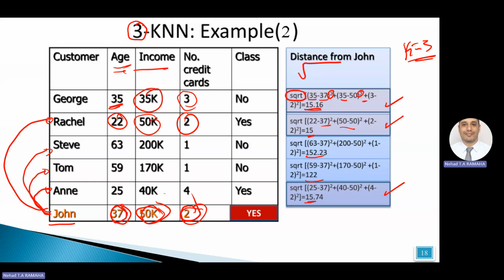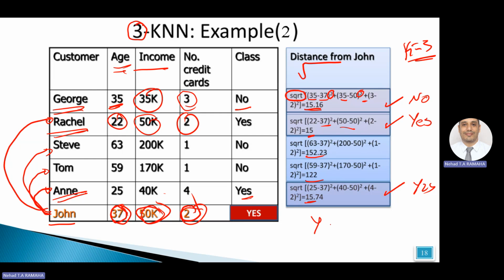So it's George, Rachel, and Annie. Between these 3, what are the categories? This one no, this one category yes, this one category yes.